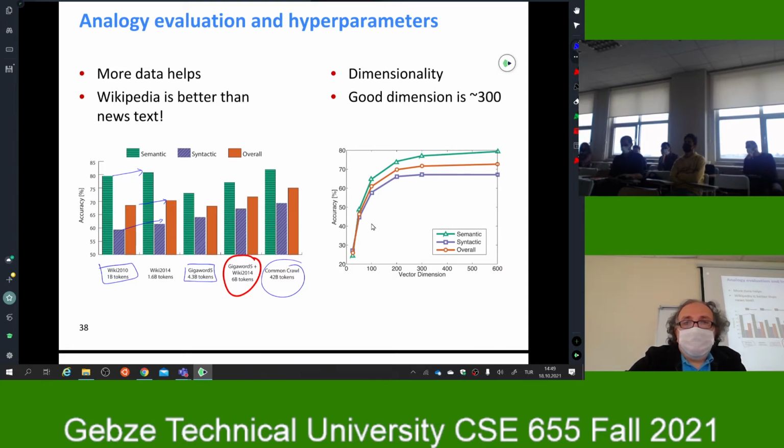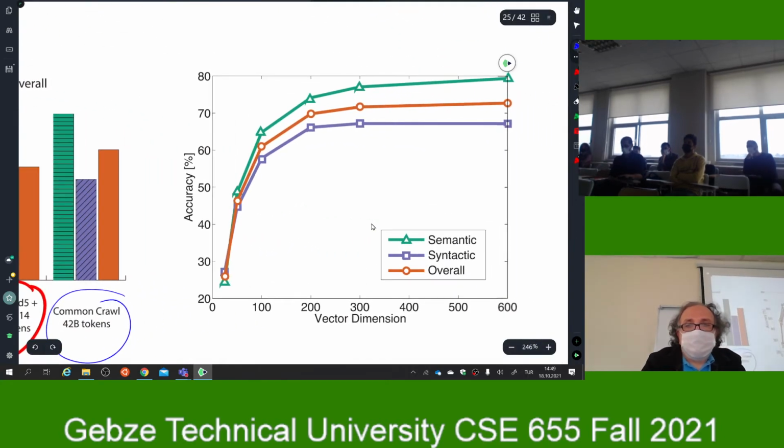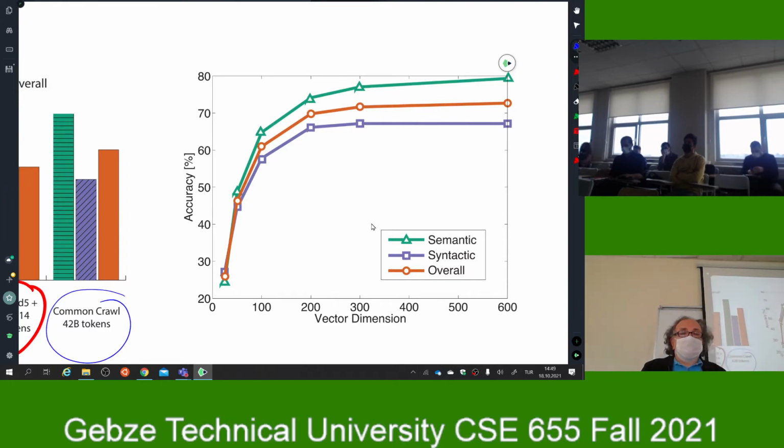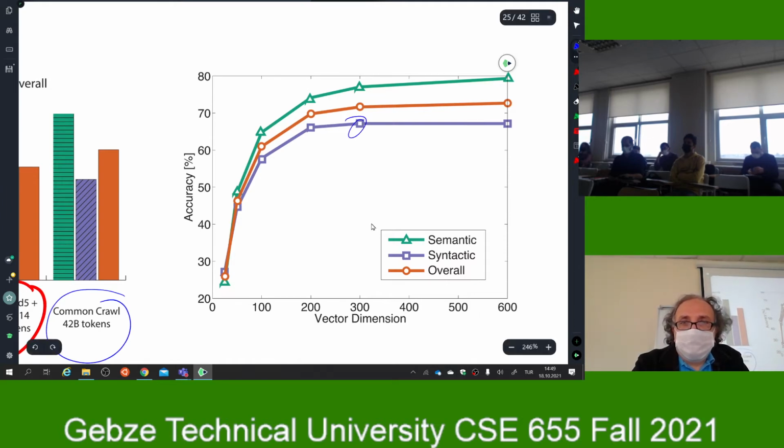Anyway, by the way, this is another example. Do the same test using different numbers of dimensions. You see, I can go from 2 dimensions up to 500,000 dimensions. Which one is going to do better? As you see, after some point, it doesn't matter if you have 300 or 600 dimensions, you are going to get the same.